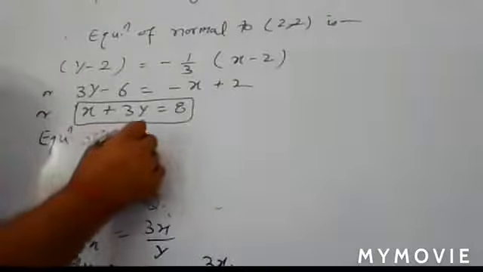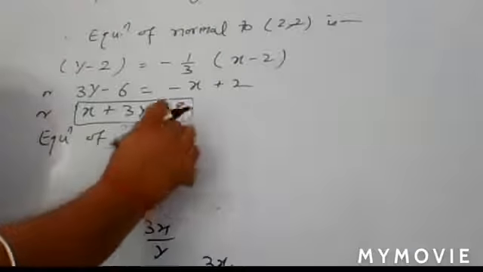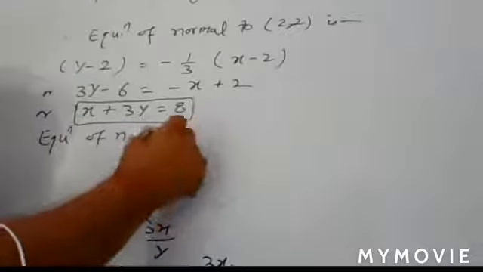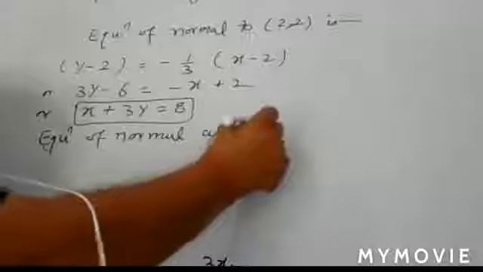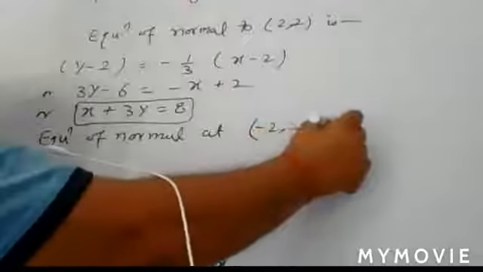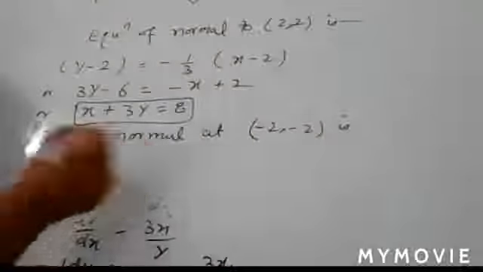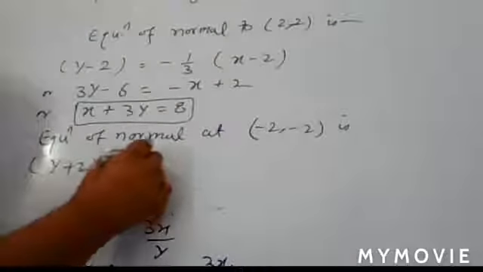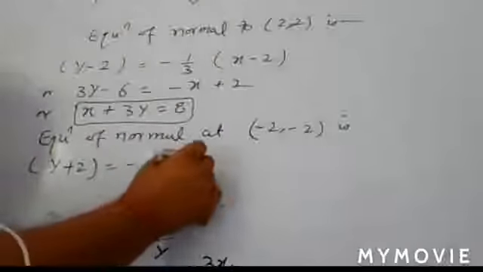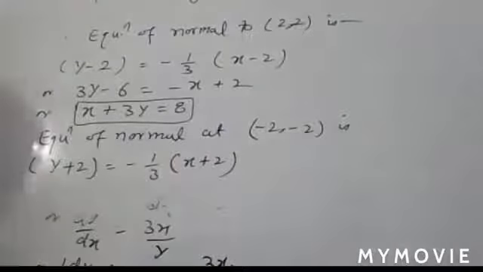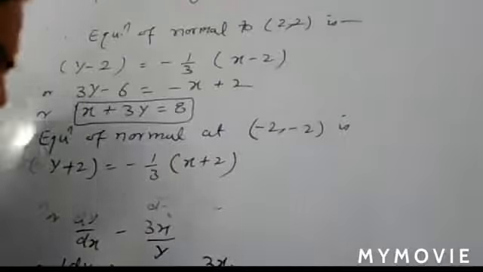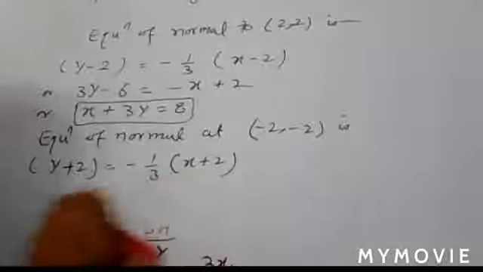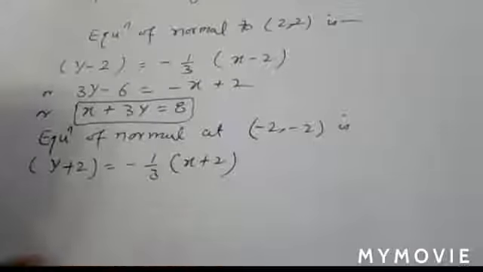In the same way, you write the other equation of normal at, minus 2, that is your second point. So y plus 2 is equal to minus 1 upon 3 into x plus 2, and taking cross multiplication, you have your answer.